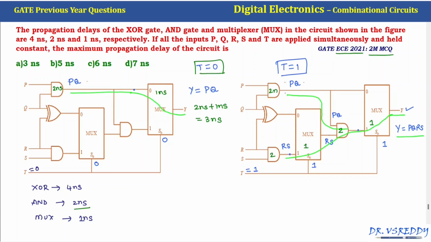They are asking for the maximum propagation delay. So to get Y equal to PQRS, we need 2 plus 1 plus 2 plus 1, completely 6 nanoseconds to get a stable output.